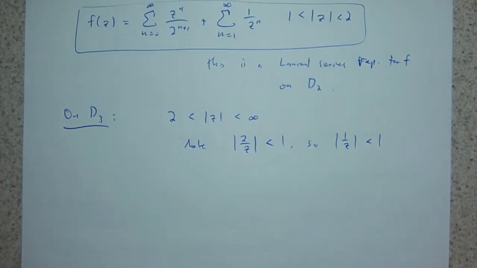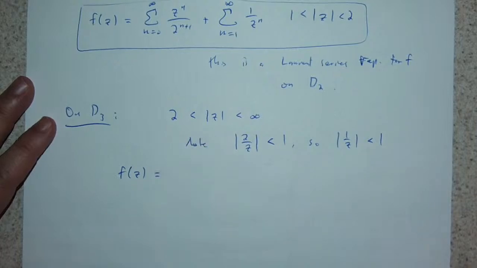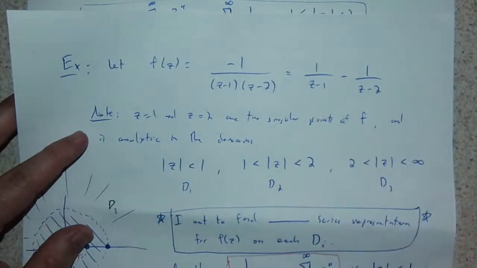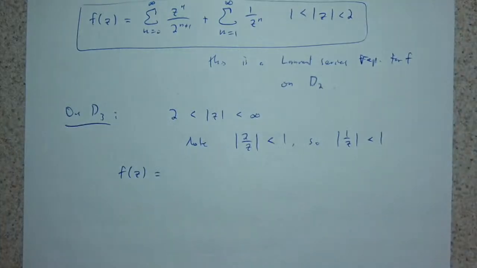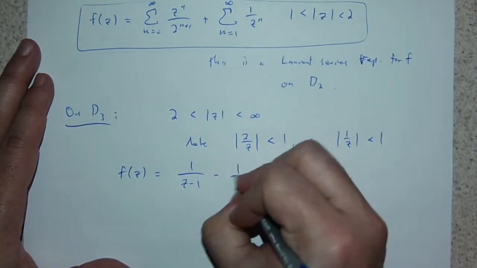Okay. And so now I can rewrite my f yet again. Let's even remember what my f was. Right, there's my f. So let's rewrite it in its original form. 1 over z minus 1 minus 1 over z minus 2.